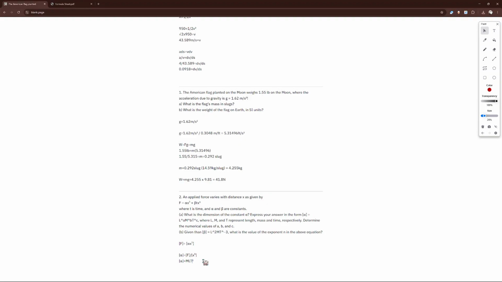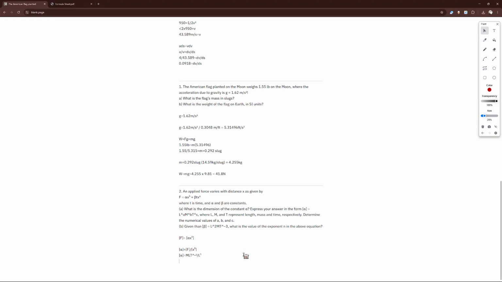Divided by, okay, and this is x to the 5. X is distance, so length to the 5, like this. So that means alpha is equal to M L to the power of -4, T to the power of -2.